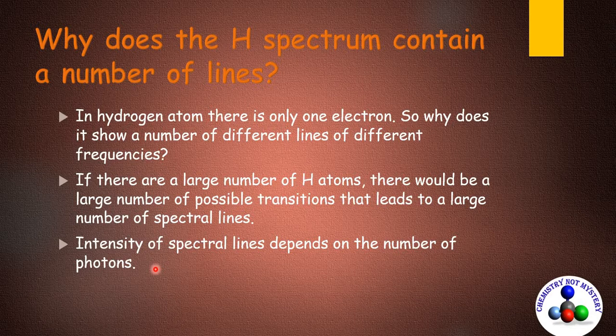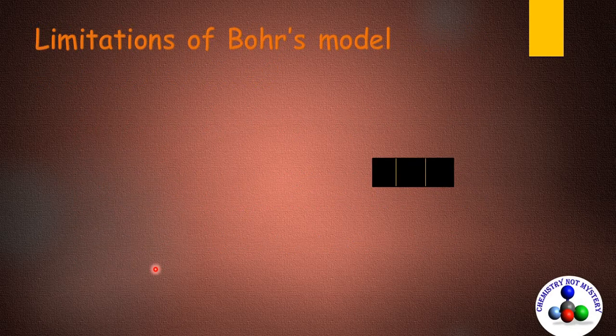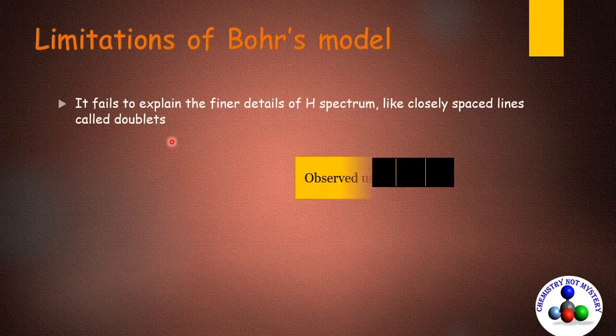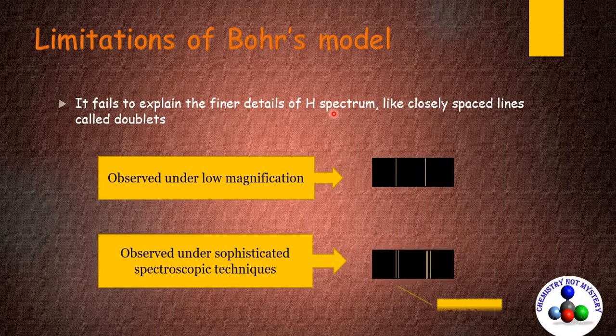Now come to the limitations of Bohr's model. It fails to explain the finer details of hydrogen spectrum, like closely spaced lines called doublets. These closely spaced lines can be observed by sophisticated spectroscopic techniques.